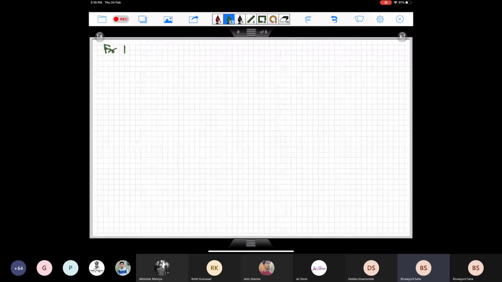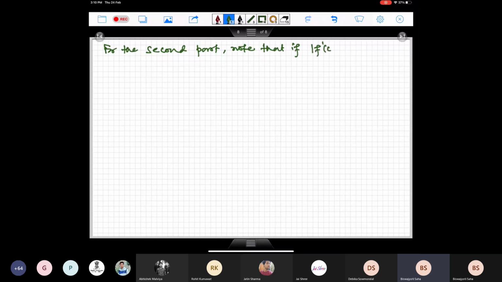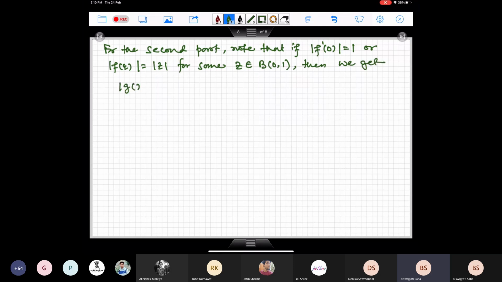For the second part, note that if mod of f'(0) is equal to 1, or mod of f(z) is equal to mod z for some z in B(0,1), even one z is good enough, then we get mod g(z) equal to 1 for some z in B(0,1). Do you all agree to this?